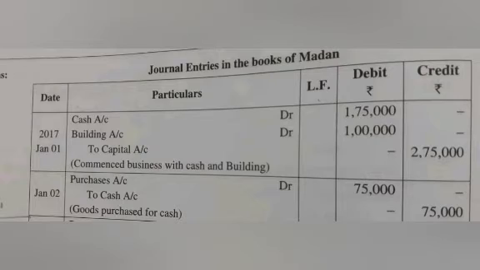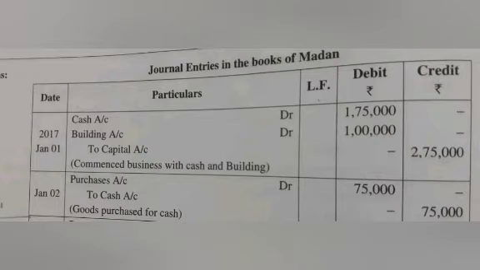So capital account is the total of both the items, that is cash and building. And the narration is commenced business with cash and building. And the second one, Jan 2. In date column, we have to write Jan 2.